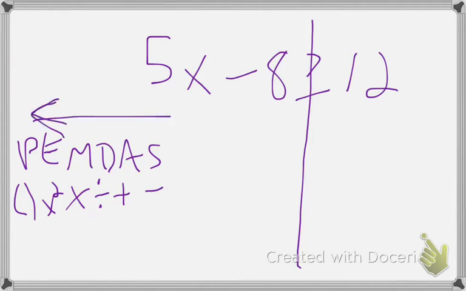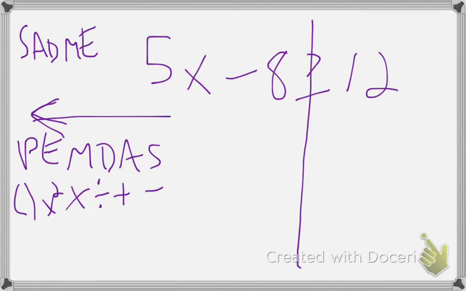Because when you do algebra, you're basically doing all of your steps backwards to solve for x, and it's opposite what you normally would do for PEMDAS. Well, PEMDAS backwards is SAD MEP, but we don't end up having parentheses many of the time.